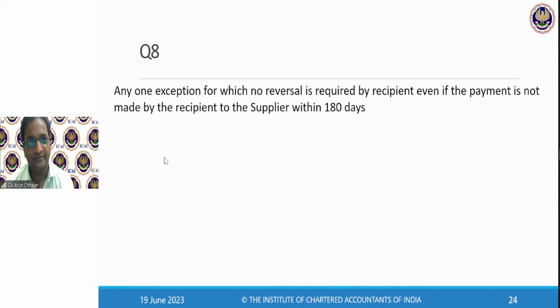What is the right answer for question number 8? Yes, the answer is reverse charge mechanism.